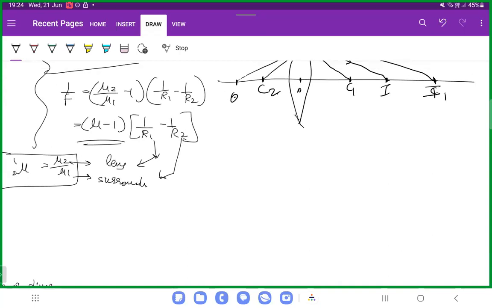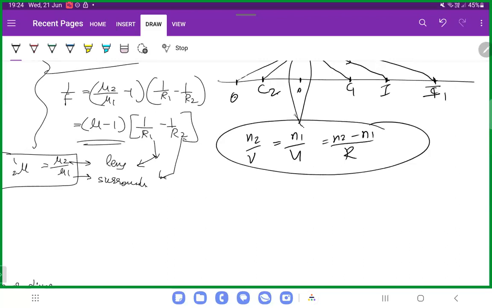By our formula, N2 by V minus N1 by U equals N2 minus N1 by R. This formula we have. Do you remember that? Yes, sir.